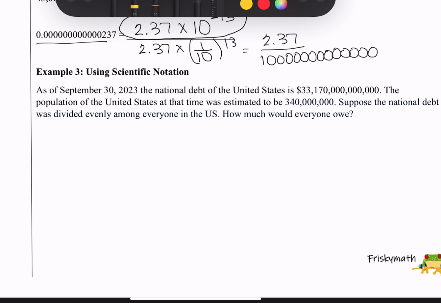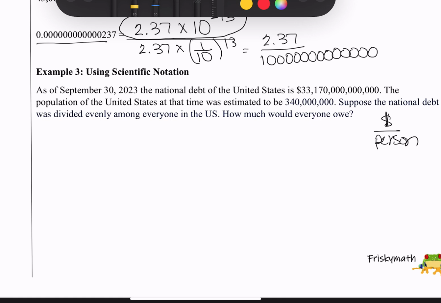And the population of the United States at that same time was estimated to be about 340 million people. So suppose the national debt is divided evenly among everyone in the U.S. How much would everyone owe? The question is, how many dollars per person are we each going to have to pay?